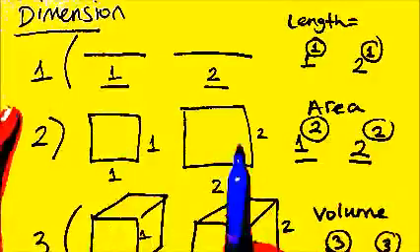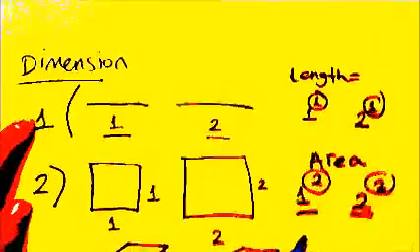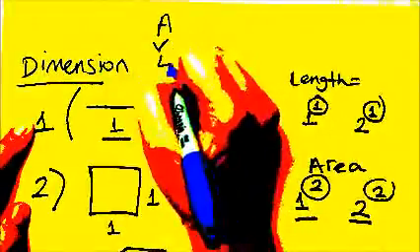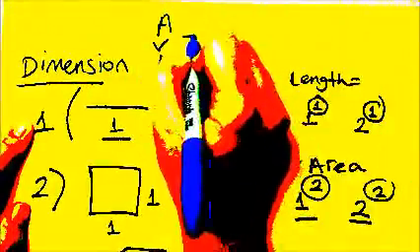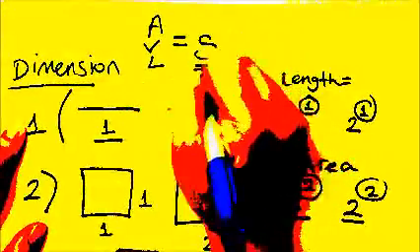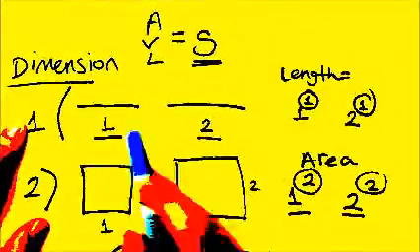So, we can create a formula saying that area, volume, or length, whichever, is equal to the scale that you're scaling it by, so we used 1 and 2 in each of these, to the power dimension.